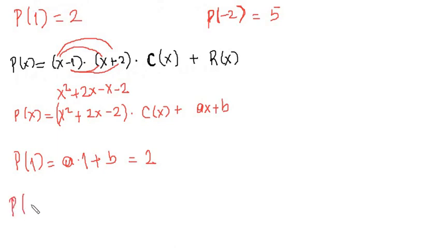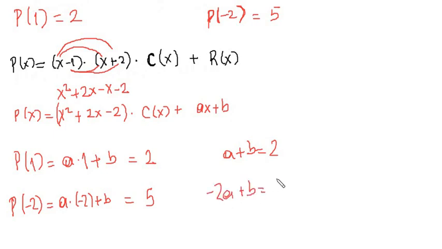And p of negative 2, if you replace x with negative 2, you are going to get 0. So p of negative 2 is equal to a times negative 2 plus b, which is equal to 5. So a plus b is equal to 2, and minus 2a plus b is equal to 5.